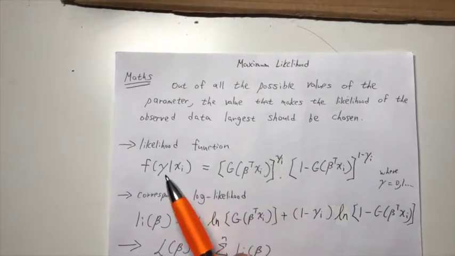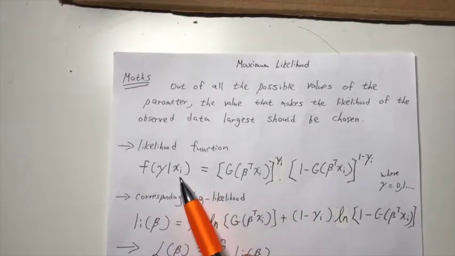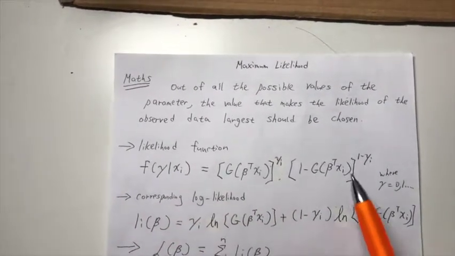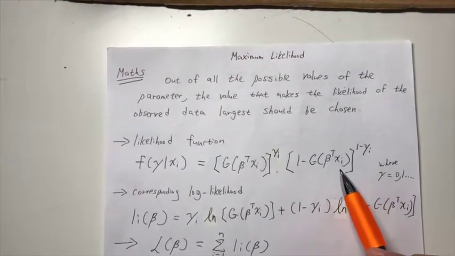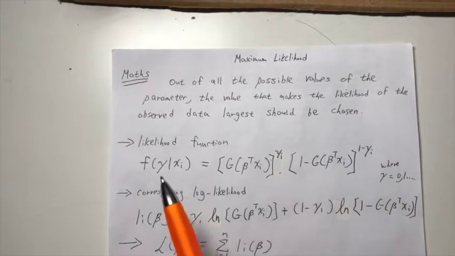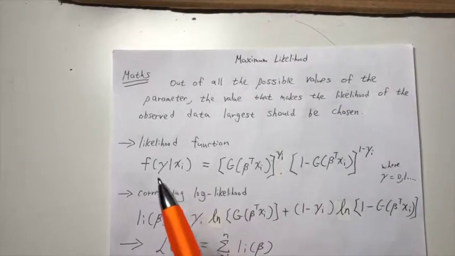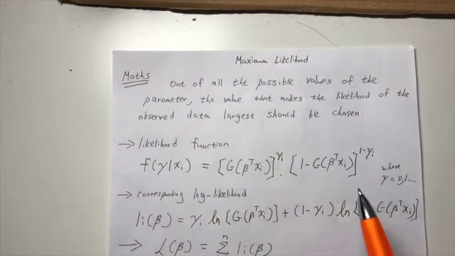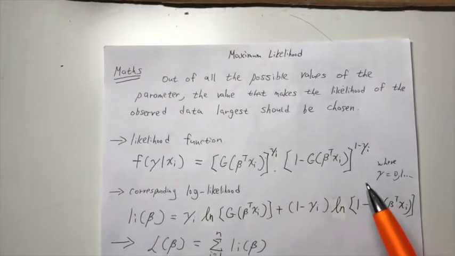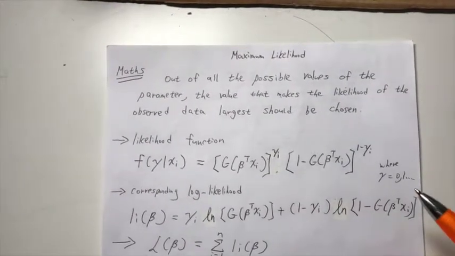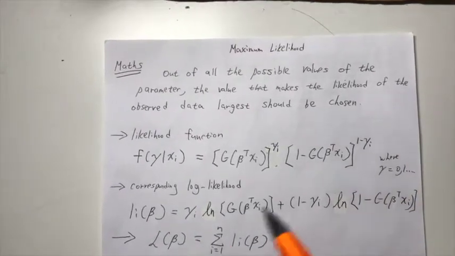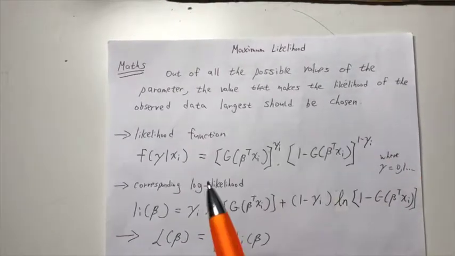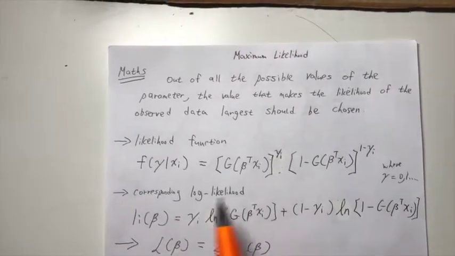Remember, this f(y given xi) only refers to a single observation. In my example earlier, we have 3 observations, so we will have to multiply the 3 observations' likelihoods. Why do we have to multiply them? Because in probability, if we want to investigate 3 outcomes, it is the usual practice that we multiply them.